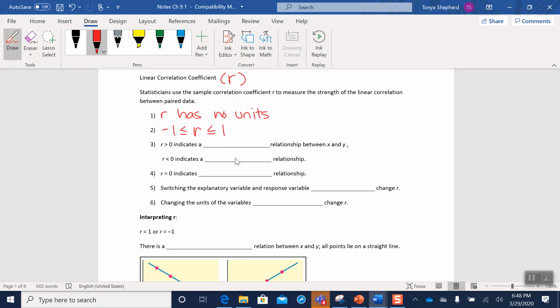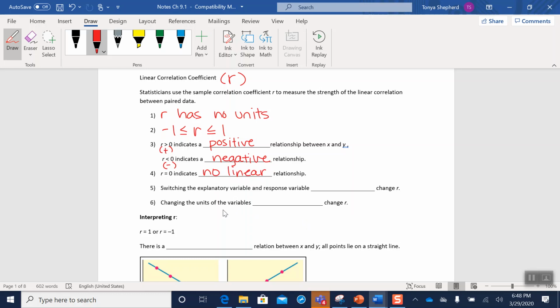If R is greater than 0, that means it's positive, right? Okay, that's going to give us a positive correlation. If R is less than 0, that means negative, so that's going to give us a negative relationship. And if our R equals 0, that means that there is no linear relationship.